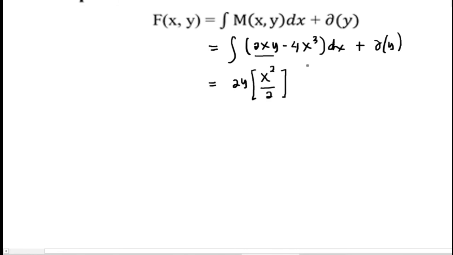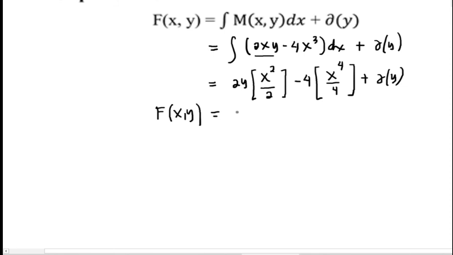For our second term, negative 4x cubed, I have to write here the constant negative 4. Then integrate x cubed, that is x to the 4th over 4. Remember, I am just using here the power formula, plus the unknown function of y. Then simplify. Our function f of xy is equivalent to x squared y minus x to the 4th plus the unknown function of y.